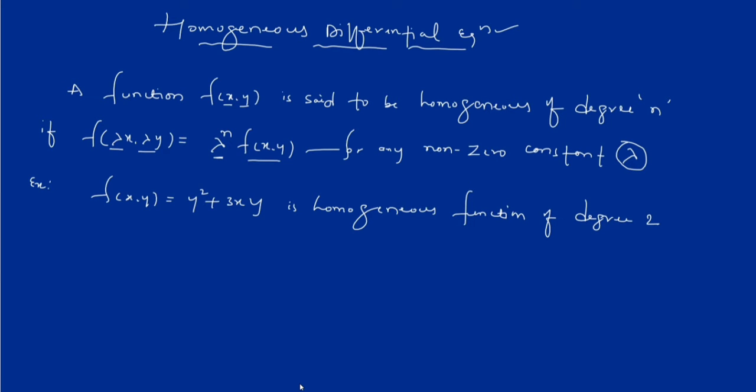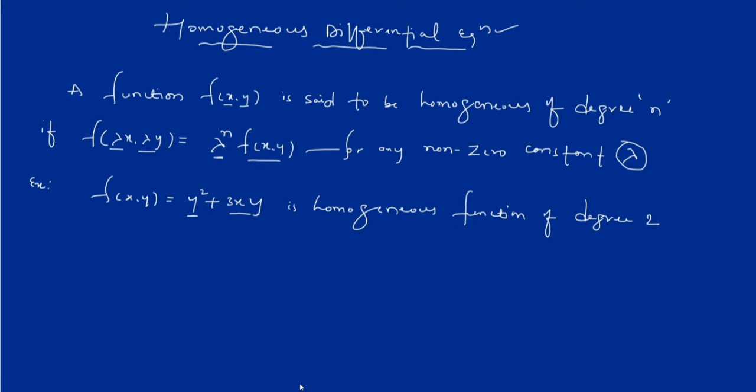We are saying degree 2, right? Let's check whether it is degree 2 or not. Here the y term has degree, power 2, right? And similarly in the second term, x and y both are in a product form, therefore 1 and 1 is 2. So in the second term also 2 is there, therefore it is a homogeneous function of degree 2, right?